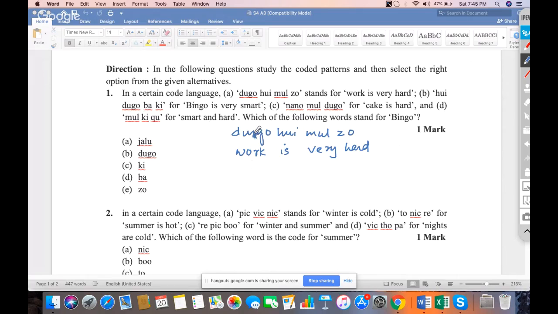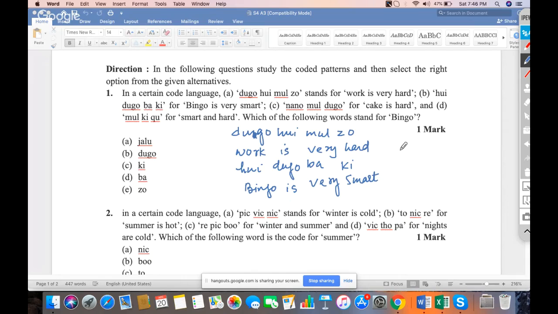Then Hui, Dugo, Baki is for bingo is very smart.